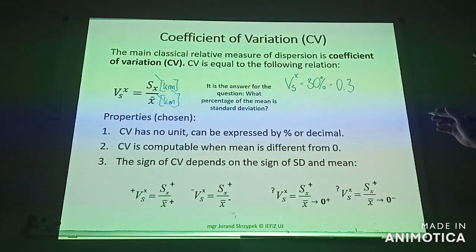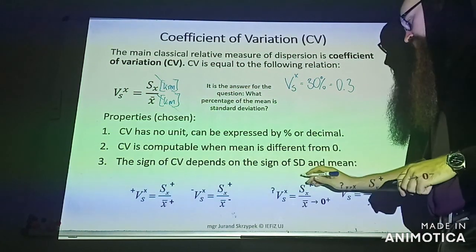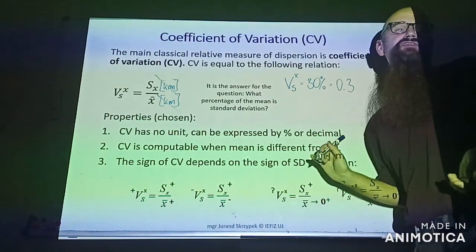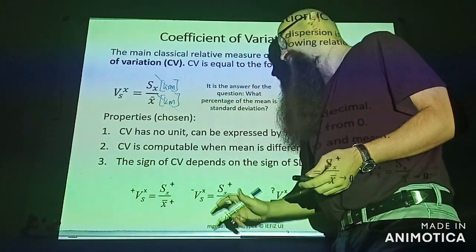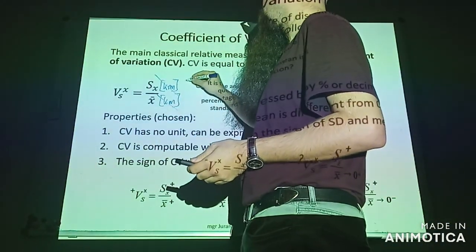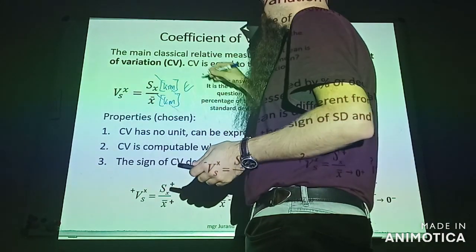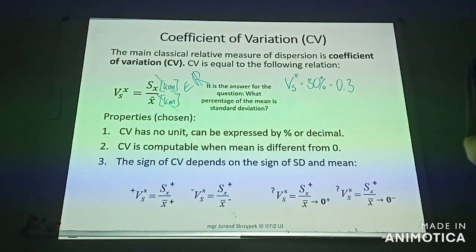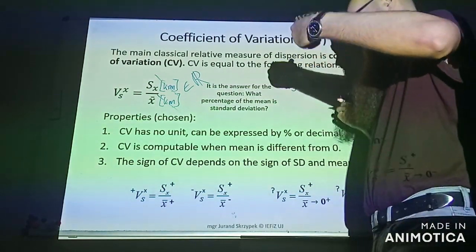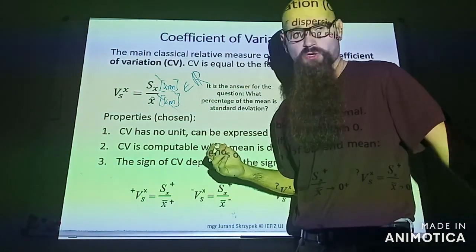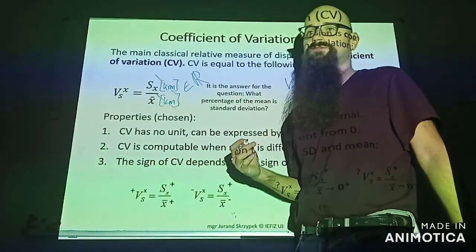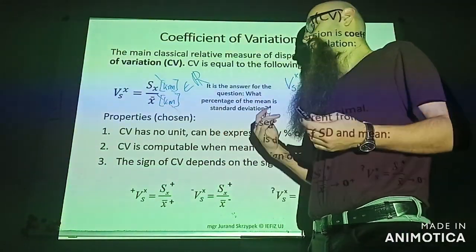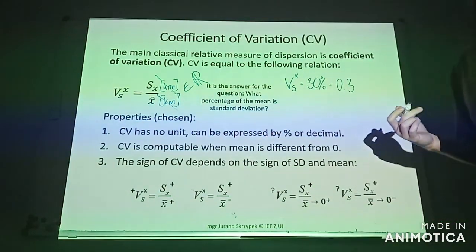And the sign of the coefficient of variation depends on the sign of the standard deviation and mean, of course, because this is the ratio. The coefficient of variation can take real numbers, so it can be both positive or negative. It can also take the 0 value.